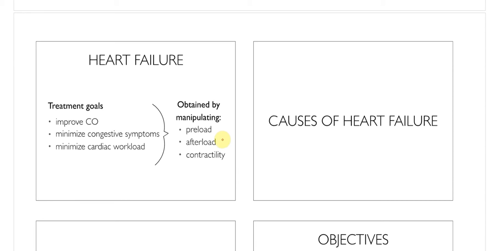Afterload is the amount of pressure that the ventricles, especially the left ventricle, have to overcome in order to contract the blood out of the ventricles. It's the amount of force it has to overcome from the systemic vascular resistance. And then contractility is simply the forcefulness of the contraction from the heart.